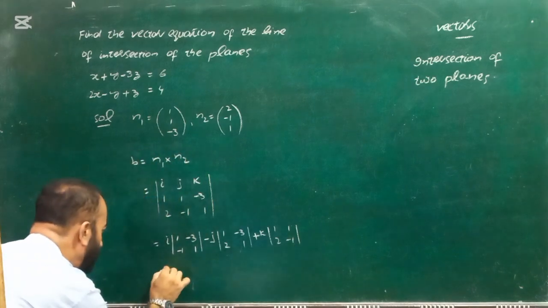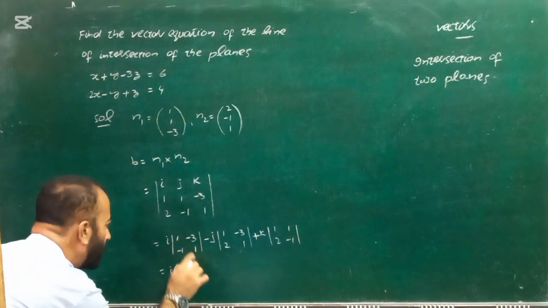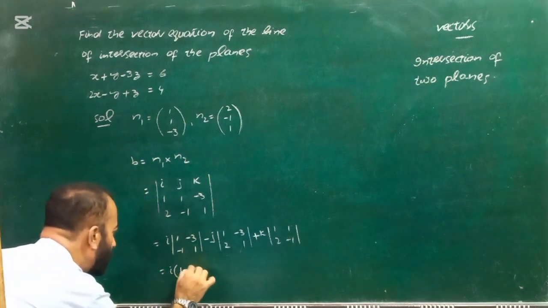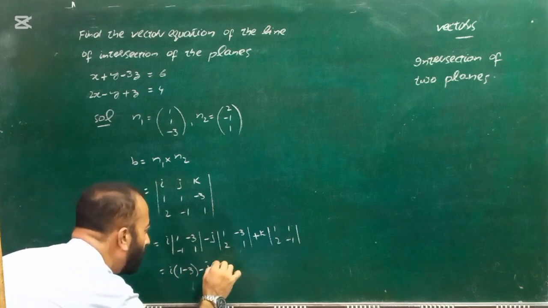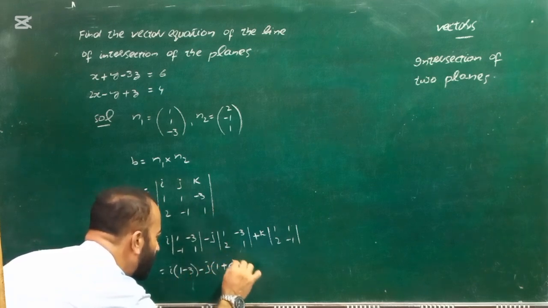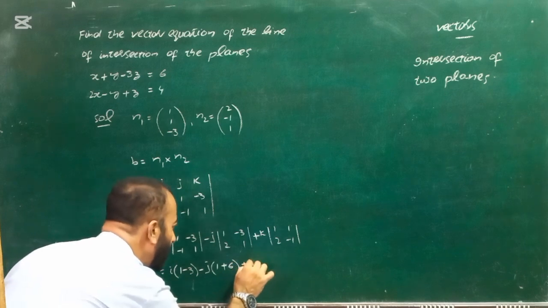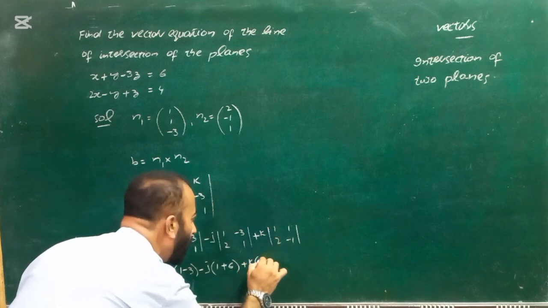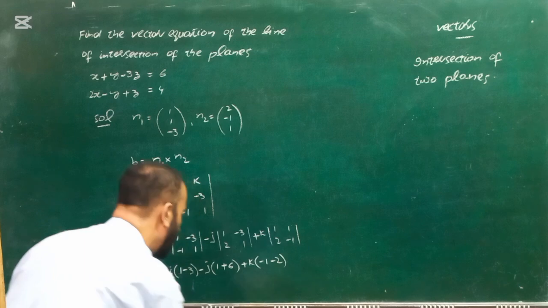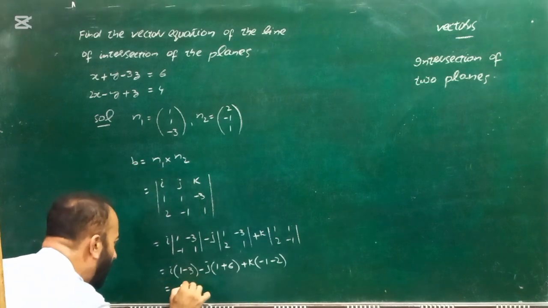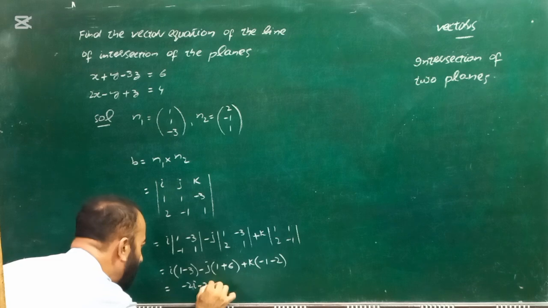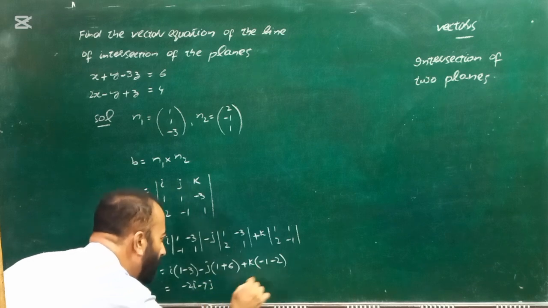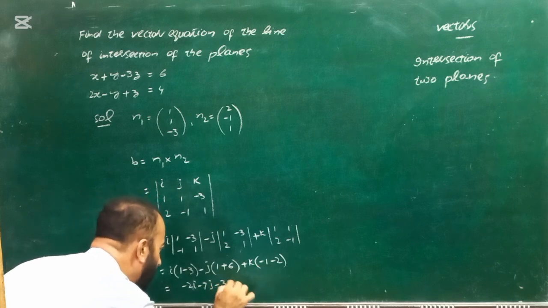So from here i into 1 minus 3, minus j into 1 plus 6, and plus k into minus 1 minus 2. So that will be minus 2i minus 7j minus 3k.